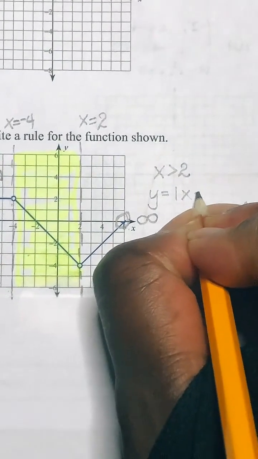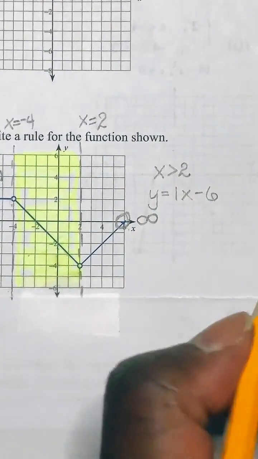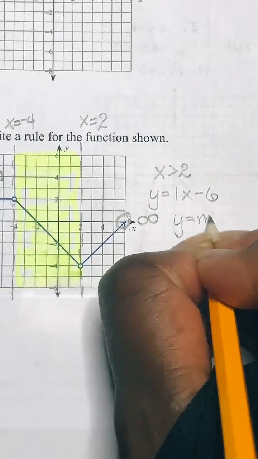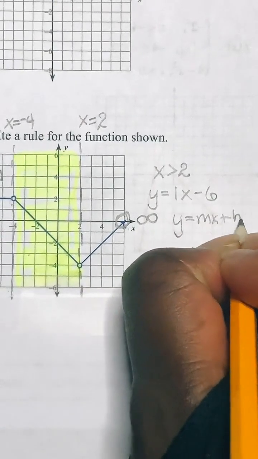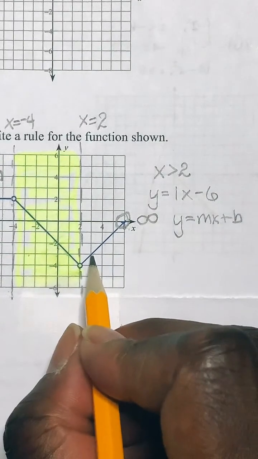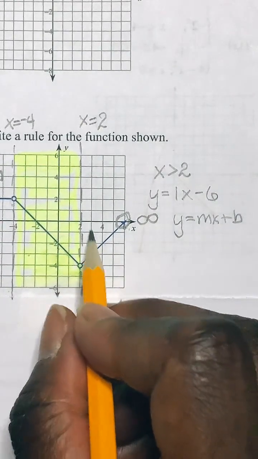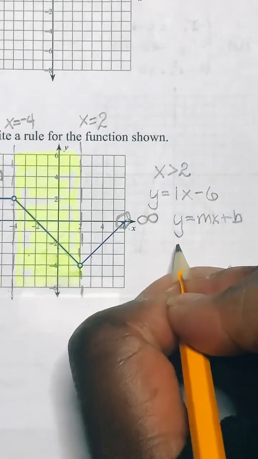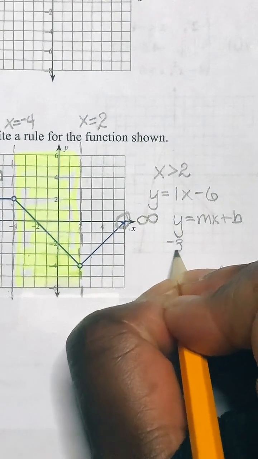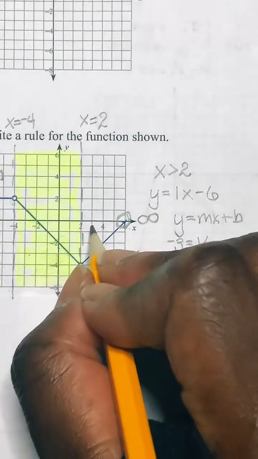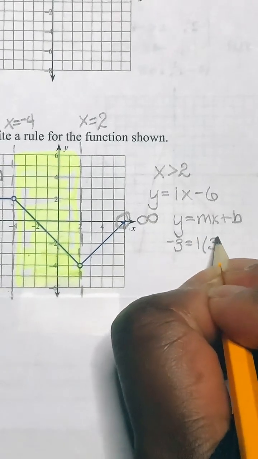So you could do it that way, or you can use y equals mx plus b, and you can pick a point that you see. So I have this point here, which is -3. My y value was -3. My slope, I figured, was 1. My x value was 3.